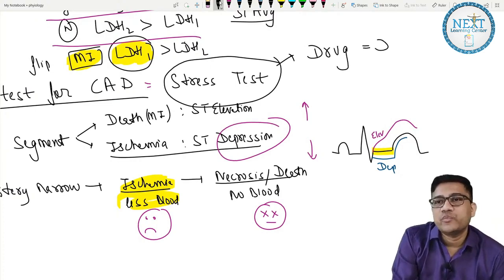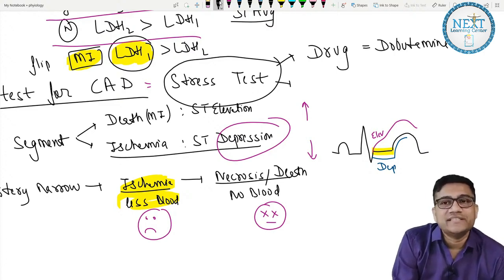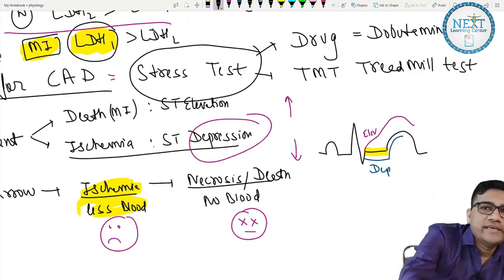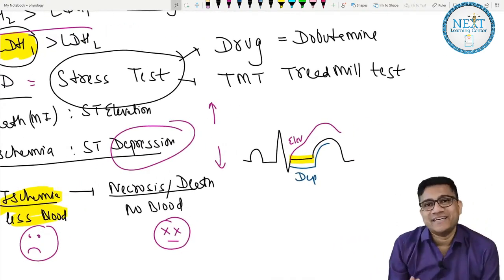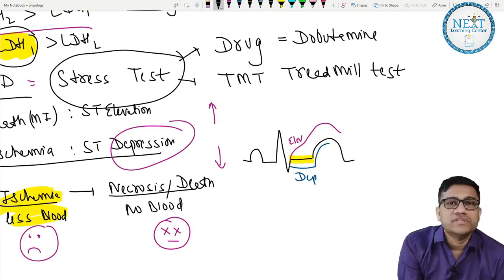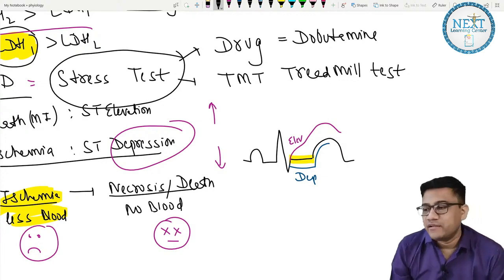Which drug? Dobutamine. Or we can use exercise, that is TMT, the treadmill test. So what are the two techniques? The stress test is done either with the drug, dobutamine, or with the TMT, treadmill test.